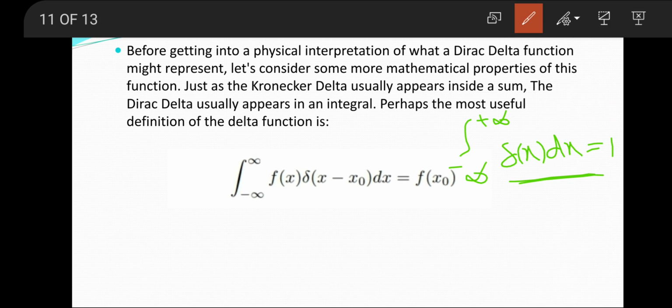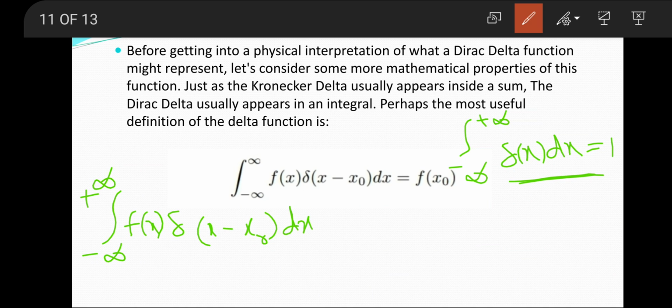Next, suppose we apply a certain function to the Dirac delta function. We can represent it as the integral from minus infinity to plus infinity of f of x delta of x minus x naught dx.